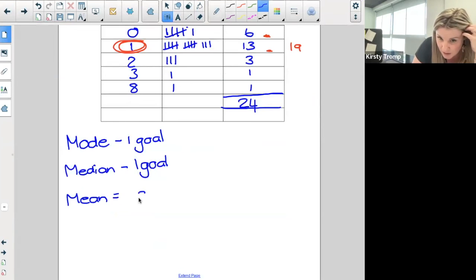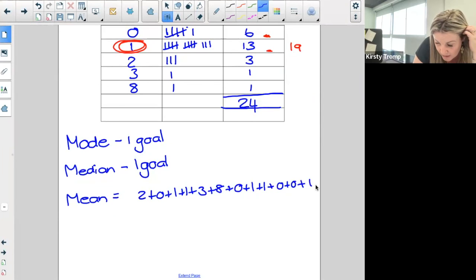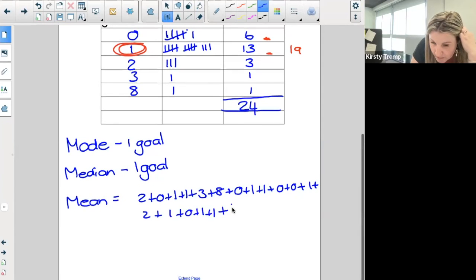So let's go. 2 plus 0 plus 1 plus 1 plus 3 plus 8 plus 0 plus 1 plus 1 plus 0 plus 0 plus 1 plus, oh, I'm running out of space. 1, 2, 3, 4, 5, 6, 7, 8, 9, 10, 11, 12, 13, 2 plus 1 plus 0 plus 1 plus 1 plus 1.